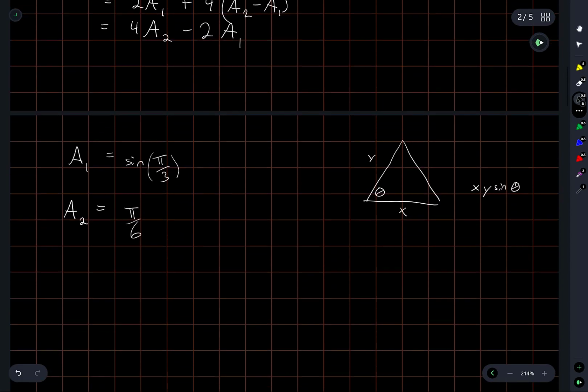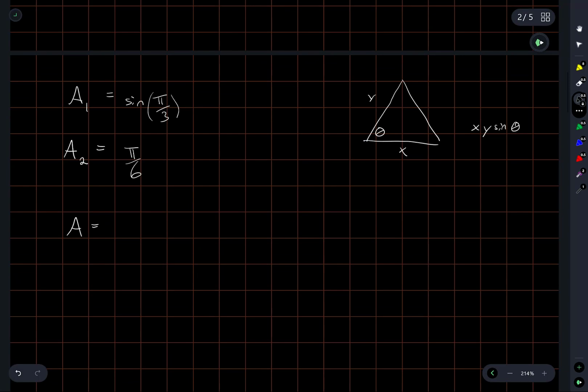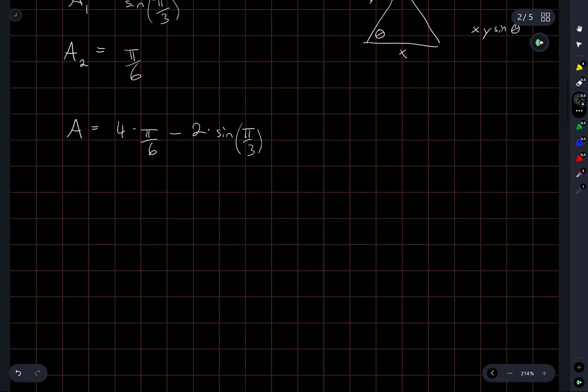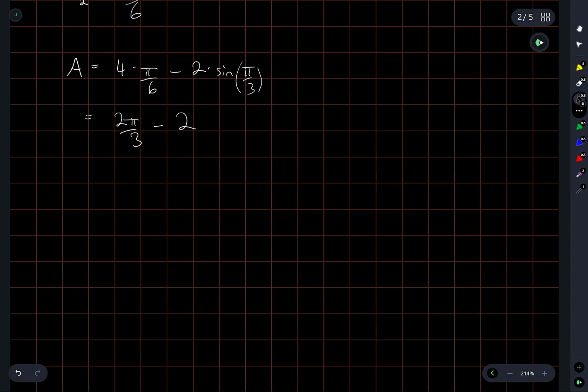Okay, so then the total area we're looking for here is 4 times pi over 6 minus 2 times sine pi over 3. I don't remember my trig functions for common angles. Maybe we can just figure this out.